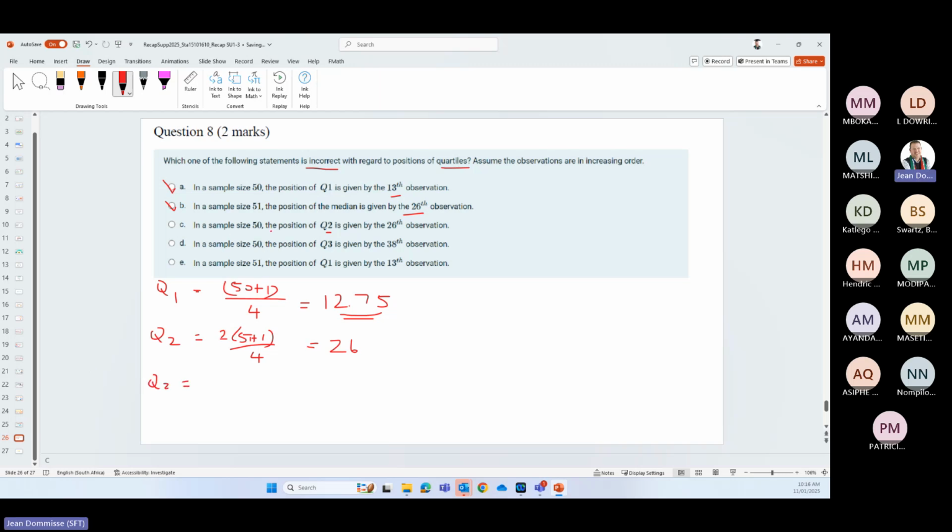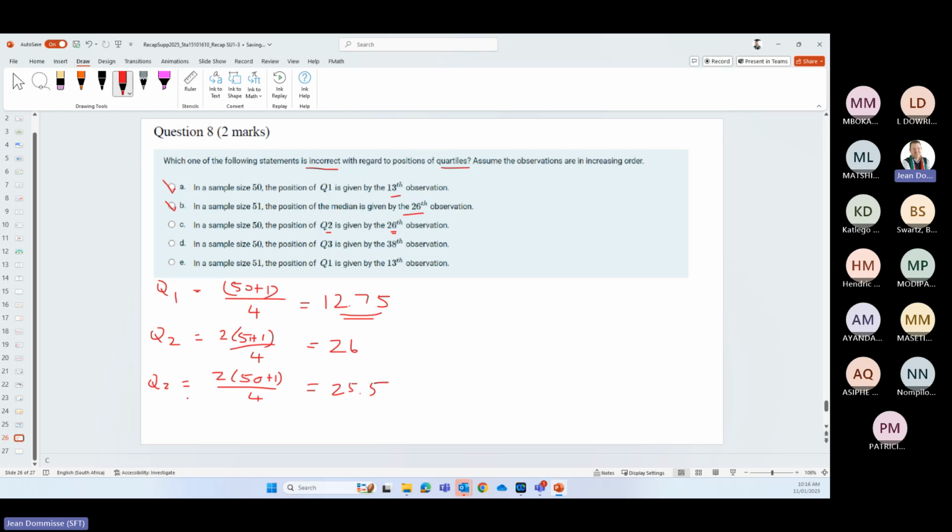Now the sample size is 50. So 50 plus 1 divided by 4 is given by observation 26. So let's just check. 50 plus 1 is 51, 51 times 2 is 102, 102 divided by 4 is 25.5.